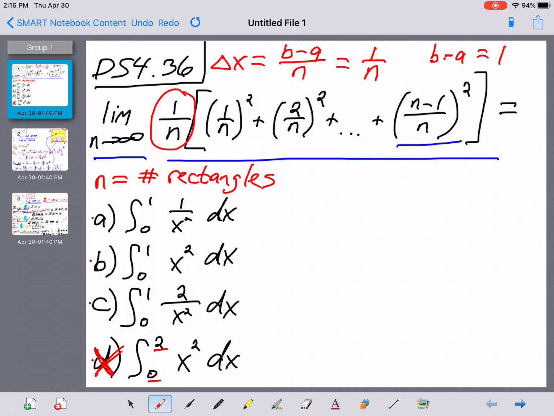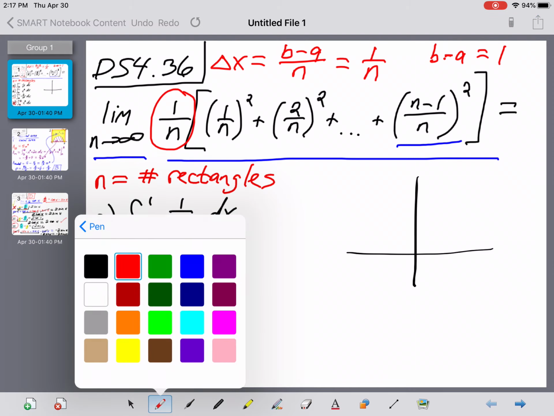Now as we look at these 3, there's a couple of different ways of looking at it. But what I thought was maybe the most helpful was this. If you take a look at both A and C, both of those are functions that are hyperbolas, where, let me draw just a quick sketch of what's going on right here. The graph of 1 over x squared, and again, everything is to the right of the x-axis here, so I don't really care what's going on the left.